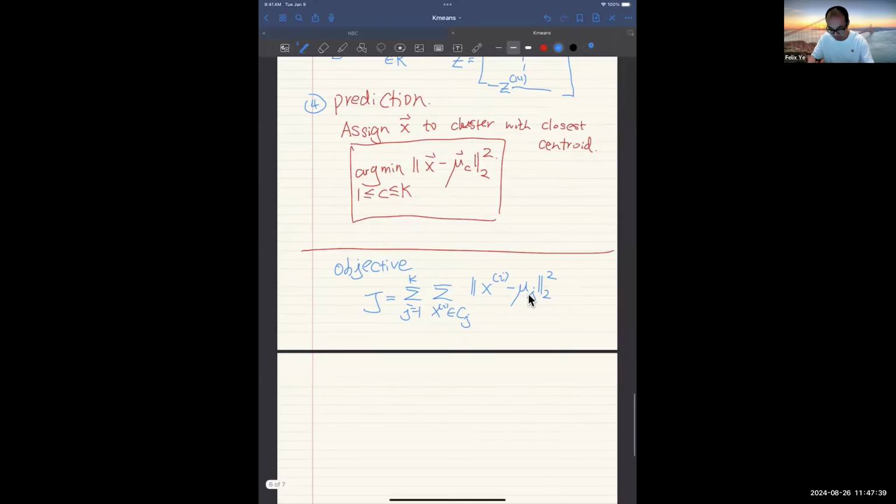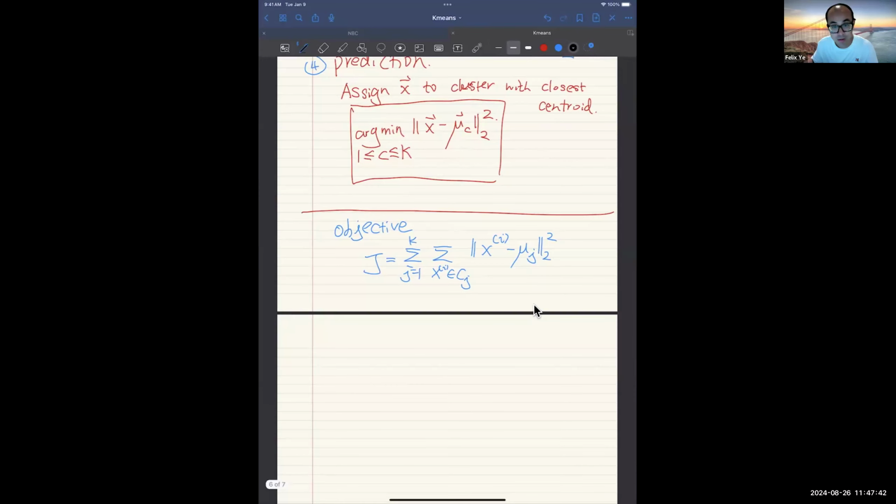So I'm going to rewrite this into the following, which is equivalent, but much easier to handle. J is equal to a summation. The major difficulty is that we need to find out whether x_i is in the cluster C_j, and that is very difficult to handle.